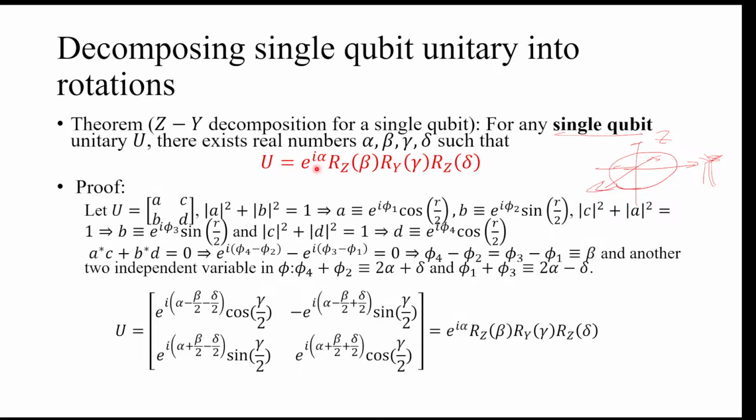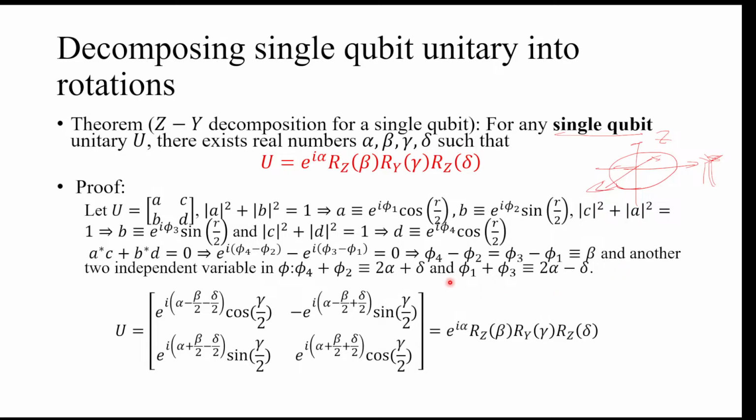So e to the i alpha is just a phase multiplying everything, a global phase. The essential part is the angles beta, gamma, delta. The proof is quite annoying, so let's just go over the idea because it's not too interesting.